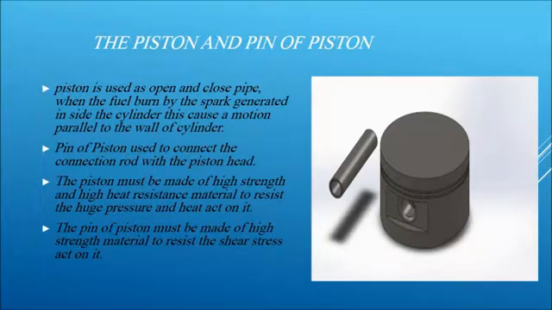The piston must be made of high-strength and high-heat-resistance material to resist the huge pressure and heat acting on it. The pin of the piston must be made of high-strength material to resist the shear stress acting on it.